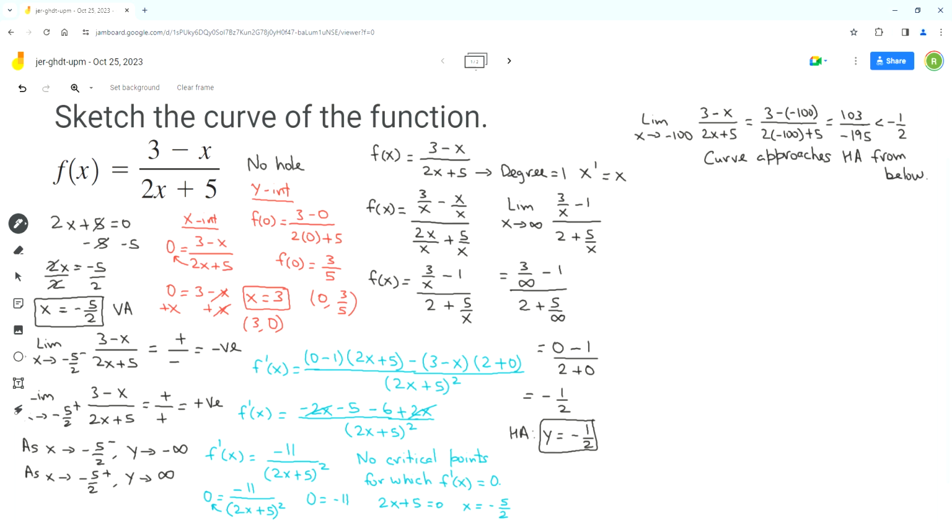Now we can evaluate the limit on the right side. So limit as x approaches positive 100 of (3 minus x) over (2x plus 5). So we can sub in x as 100.